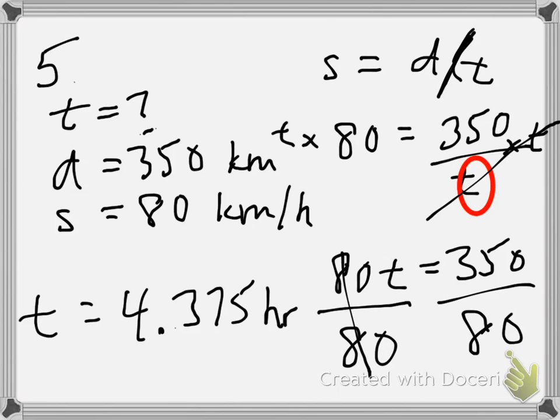So that's one where it's a little bit more complicated than the other ones that we've been dealing with. Let's do one more. Let's do one where we're solving for the distance. So let's do number 8.